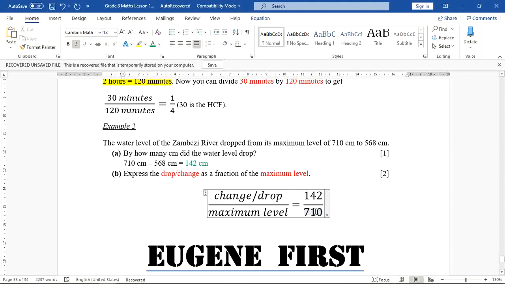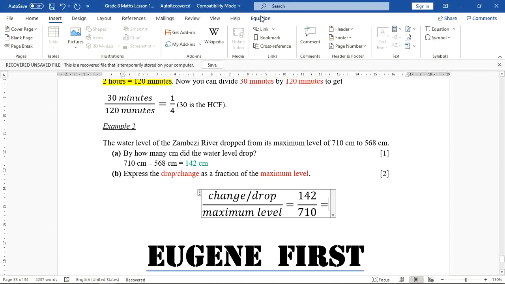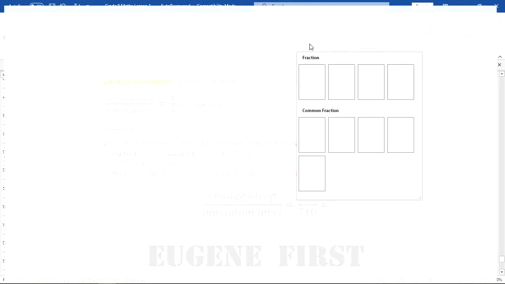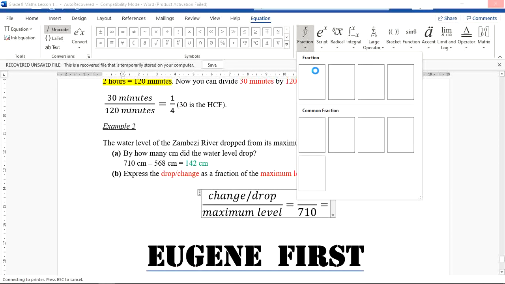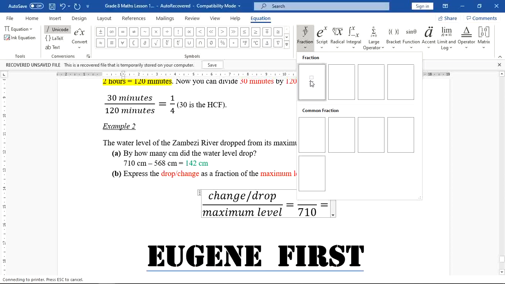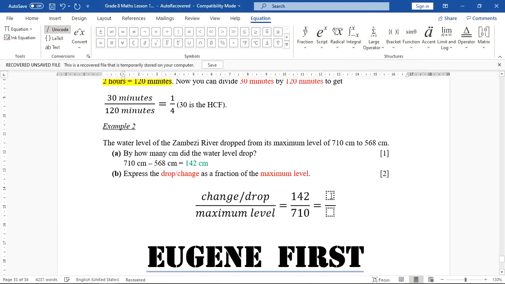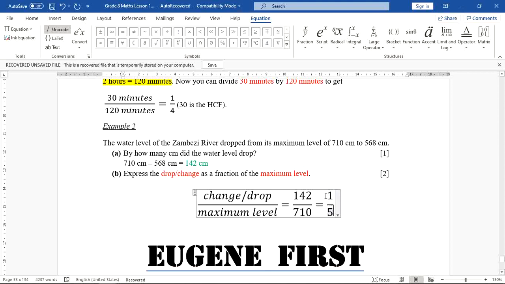And if you look for the highest common factor, that is 142. 142 goes in itself once, and it goes into 710 5 times. So this is the answer in simplest form.